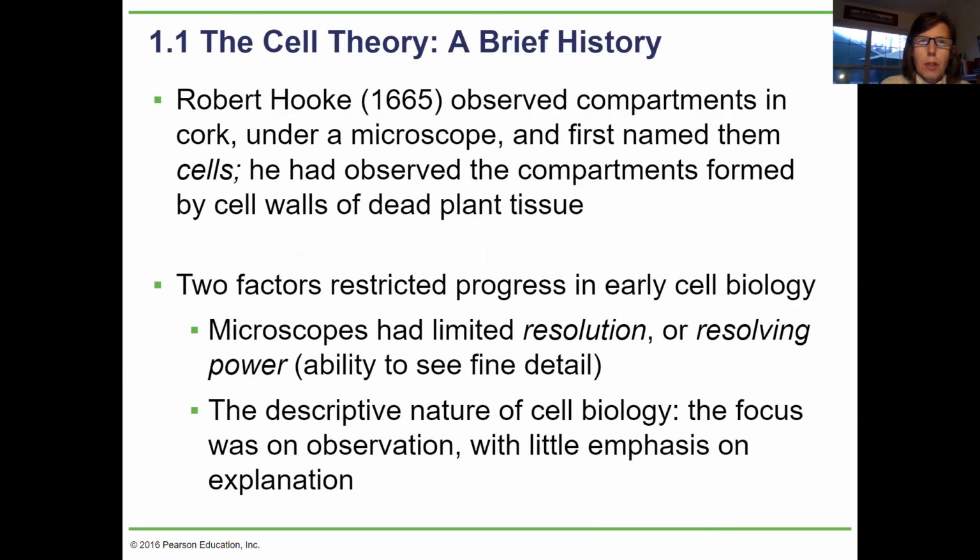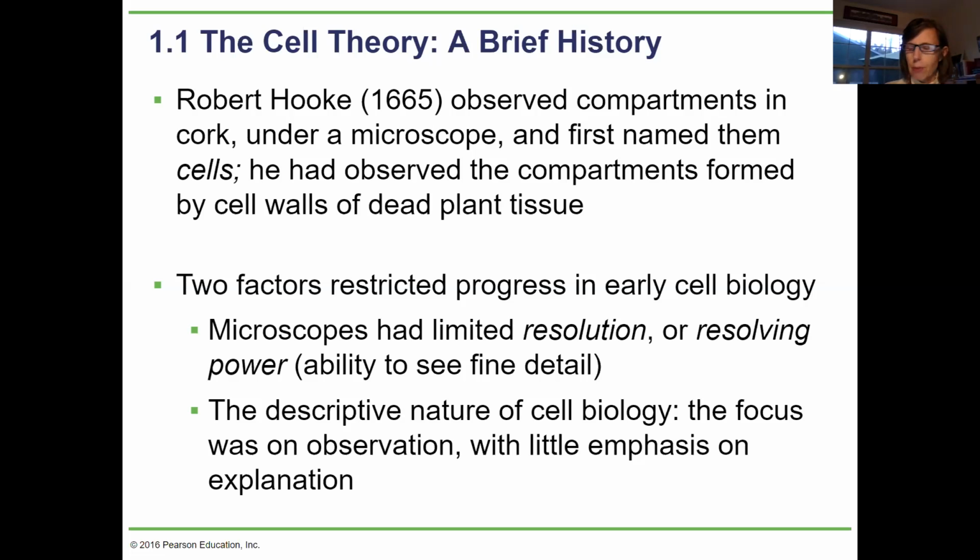All right, and so the cell theory really got going after microscopes were invented and after microscopy became a more successful technique. So there were a couple of limitations that the early microscopists ran across. One is that things weren't so clear, and that had to do with the resolution.